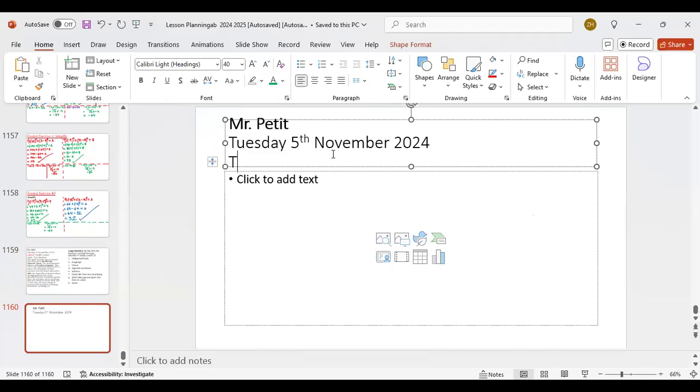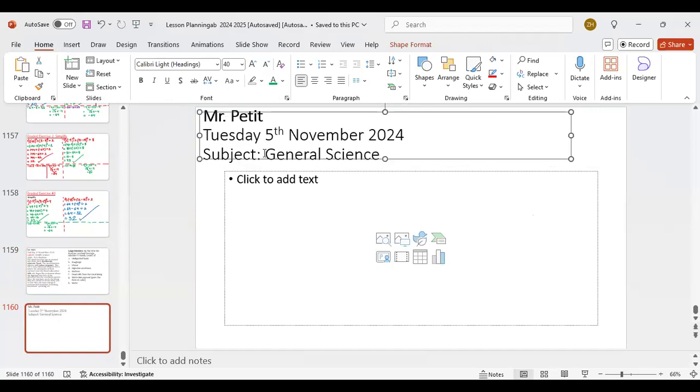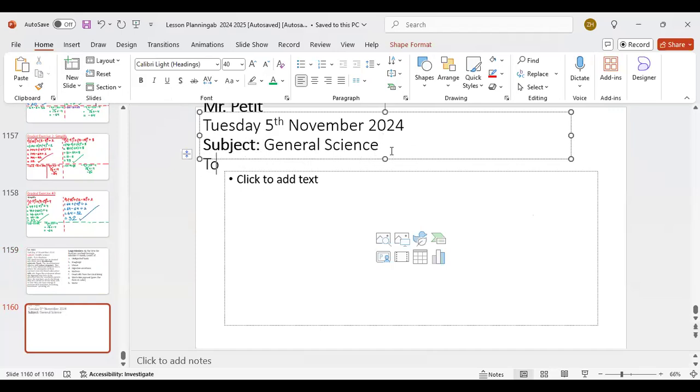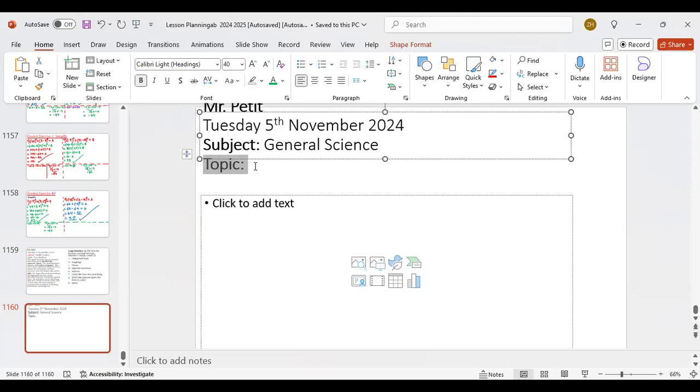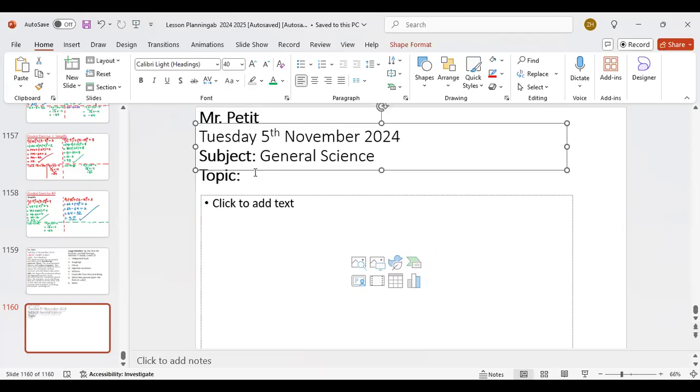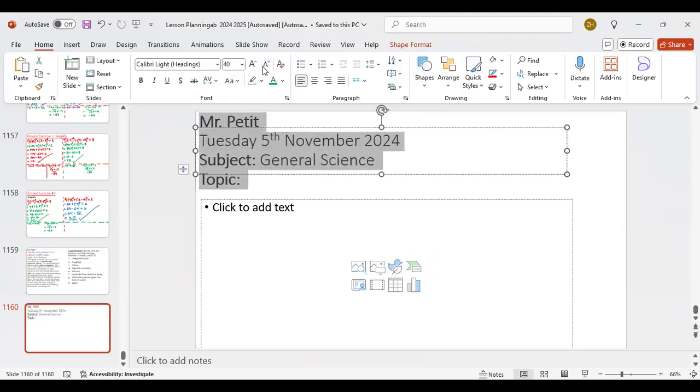The subject is general science. The topic is, of course, gymnosperms and angiosperms.